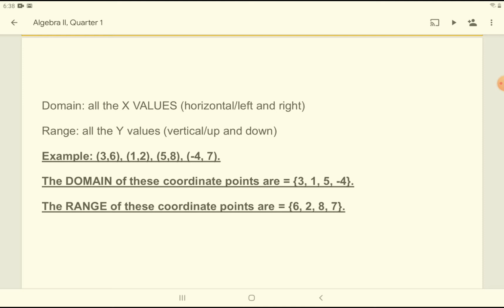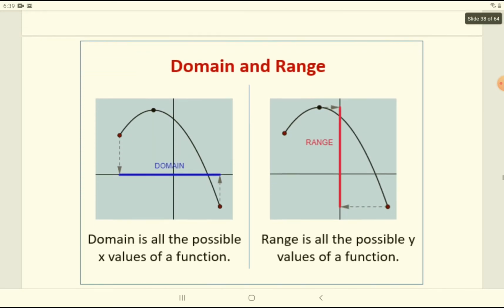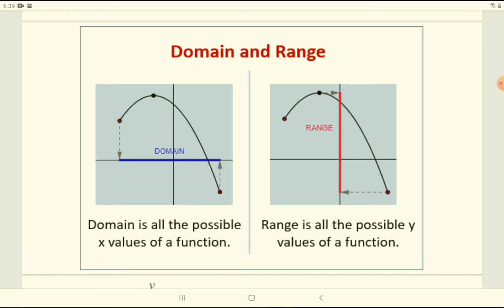And so the range of these coordinate points would be 6, 2, 8, and 7. And that's it. Okay? So moving on. Like I said, domain is all the possible x values of a function, and the range is all the possible y values of a function.